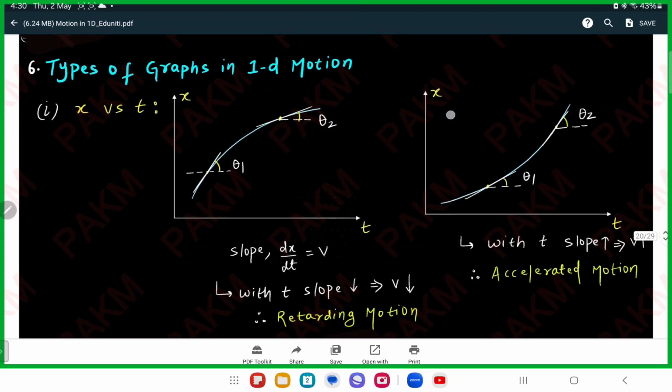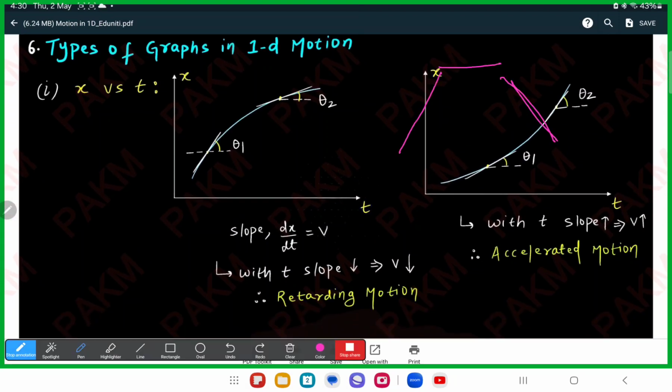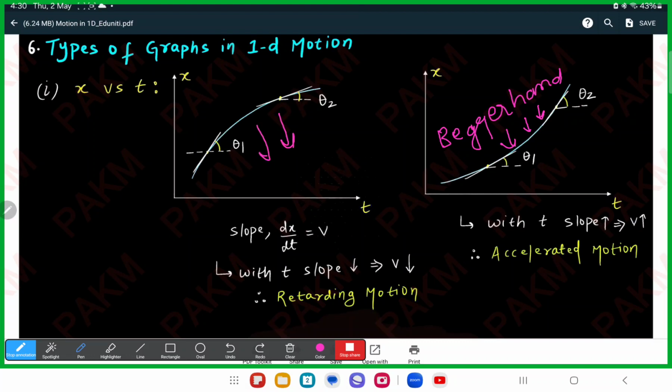Here we can say this is a beggar's hand. Once the beggar's hand is there, it will always be filled with money, so it will increase only. And this is the reverse, so it will decrease.